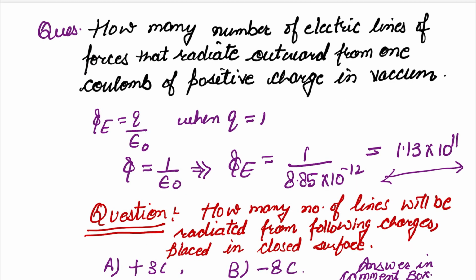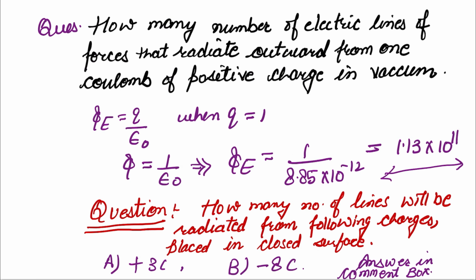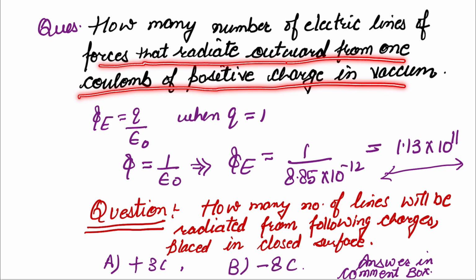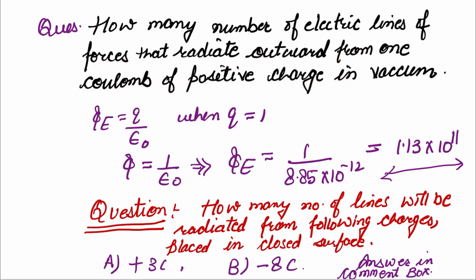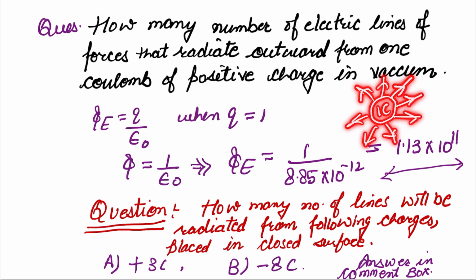There is one problem based upon the Gauss theorem: how many electric lines of force radiate outward from 1 coulomb positive charge in vacuum? Meaning if you have 1 coulomb positive charge, you have placed it in vacuum, then how many electric field lines will radiate outward from this plus 1 coulomb charge?